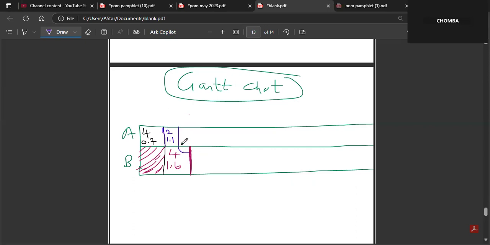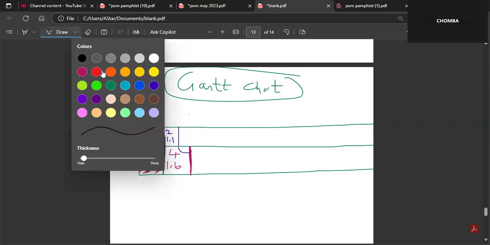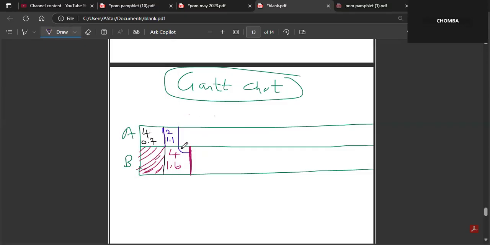That 0.5, I'll put it here. Let me show you where I'm going to put it. It's here. 0.5 here. Are we together? And it's in negative. Why are we not doing it the other way around? Why is it negative?